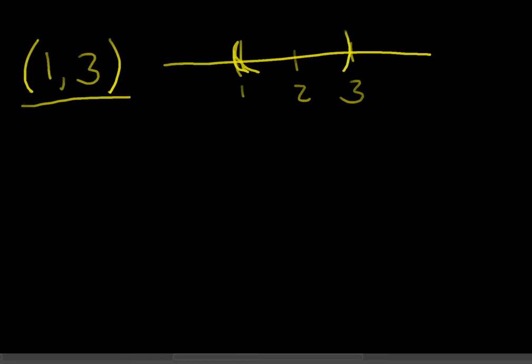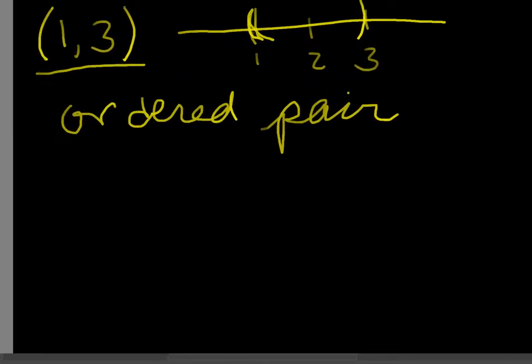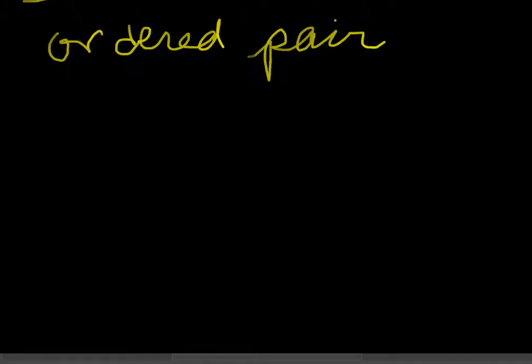But if instead we're looking at an ordered pair, I apologize for my writing, then what we think of is the first entry being a real number and the second entry being a real number. Not an interval, but a pair. And so we can think of that as putting two number lines together.